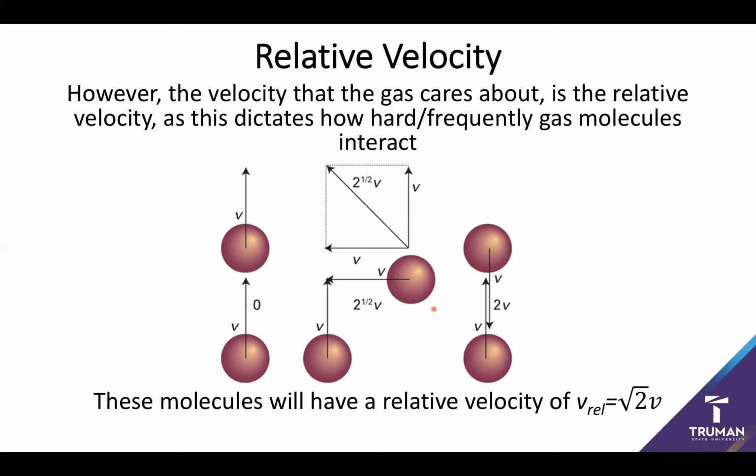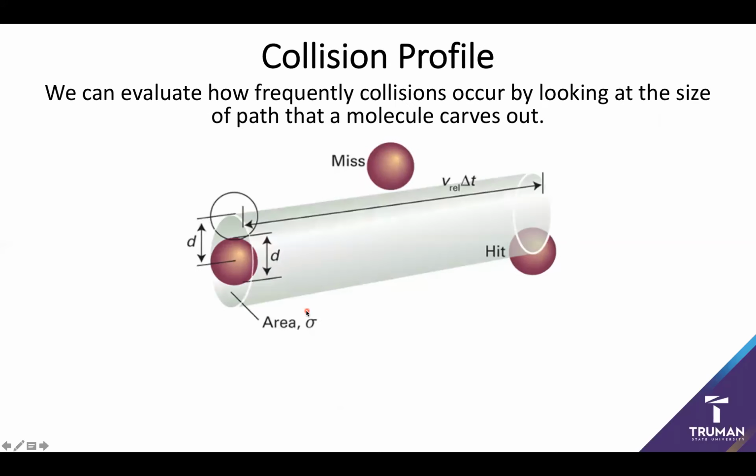Now, what I really need to do is use this relative velocity to give me some information about how common the collisions themselves are. In order to do this, one of the ways we can do it is to look at a gas molecule traveling through space and ask what area it's carving out.